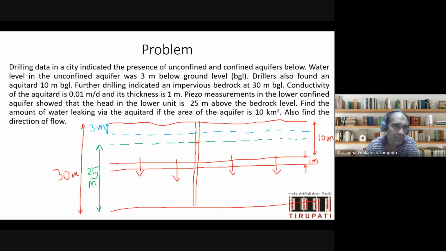Of course the negative doesn't make any sense because we already know the direction is downwards. So the negative sign has no practical significance in figuring out the quantum of flow. But in any case, let it be there.